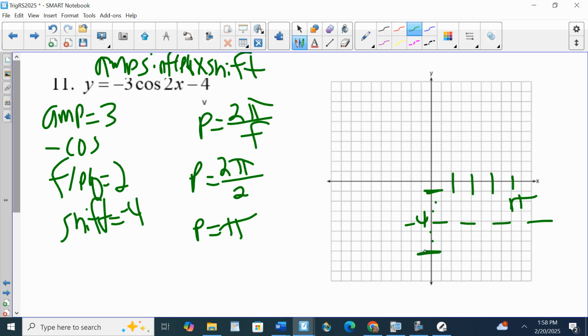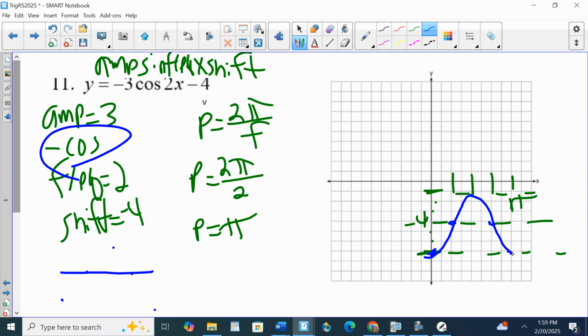If you want, you can make dashed lines at all those values, because every point will have to be at one of those y values. It's a negative cosine, so you need to know that negative cosine goes bottom, midline, top, midline, bottom. So from the y-axis: bottom, next dash, midline, next dash, top, next dash, midline, next dash, bottom.